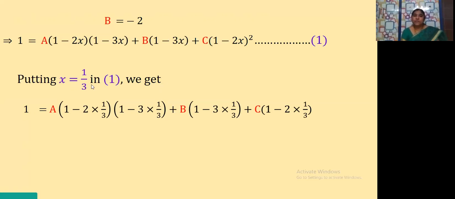Okay, so by substituting x equals 1 by 3, wherever the 1 minus 3x term is there, that term gets eliminated, yes or not? If you observe the equation, in two terms, the first term and second term, we have 1 minus 3x. So these two terms get eliminated.